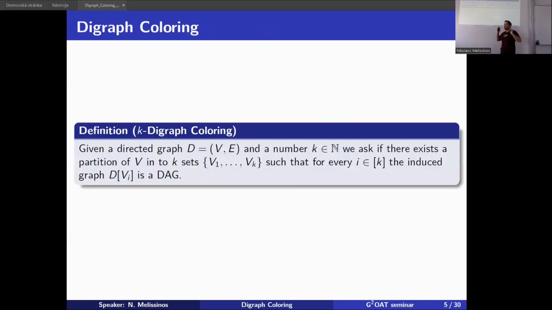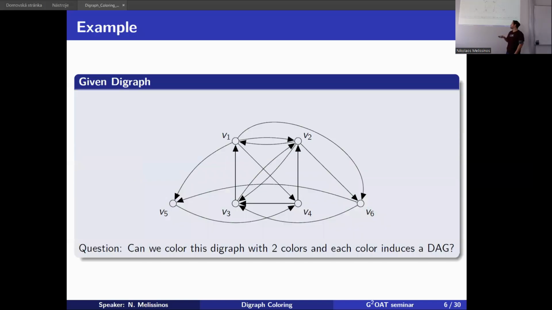Okay, so formally, what we want to do is to partition the vertices of the graph into k sets, such that each one of those sets gives us a DAG, a directed acyclic graph. So here is another example. In this graph, we may want to check whether it is 2-colorable or not.